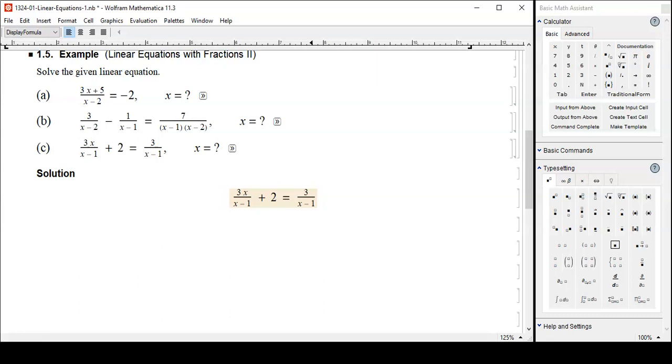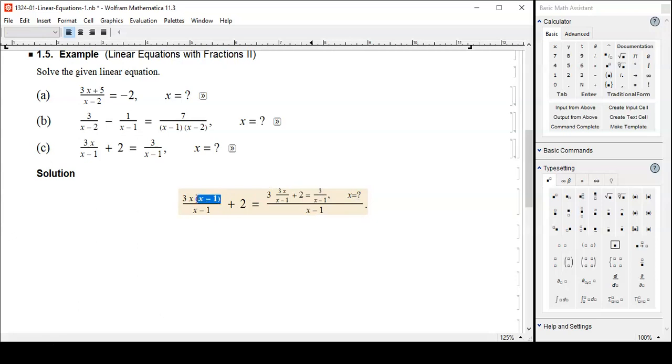Anybody got the answer yet? Not yet? Stop the playback and do it on your own. Okay, what do we have here? Multiply by the LCD, which is x minus 1. And that's pretty straightforward, isn't it?